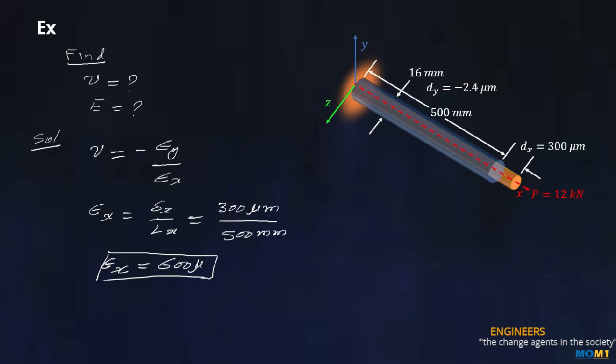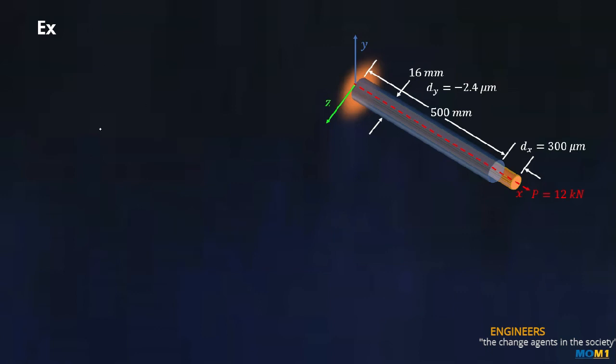Now we have to calculate the value of the lateral strain. So again epsilon y is equal to the change in length along y upon the original length.